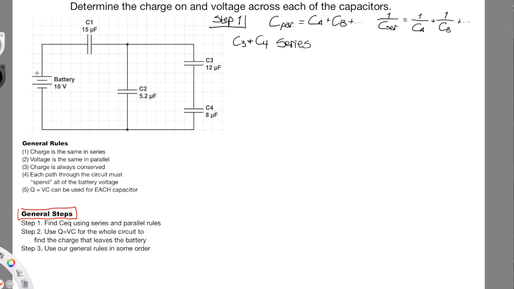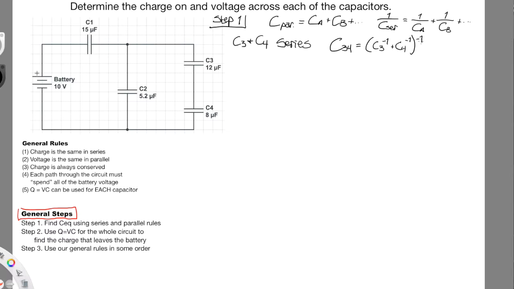So I'm going to combine those two using the series formula, rewriting it a slightly different way, where C3-4, the combination of capacitor 3 and capacitor 4, will be C3 to the negative 1 plus C4 to the negative 1, all to the negative 1.